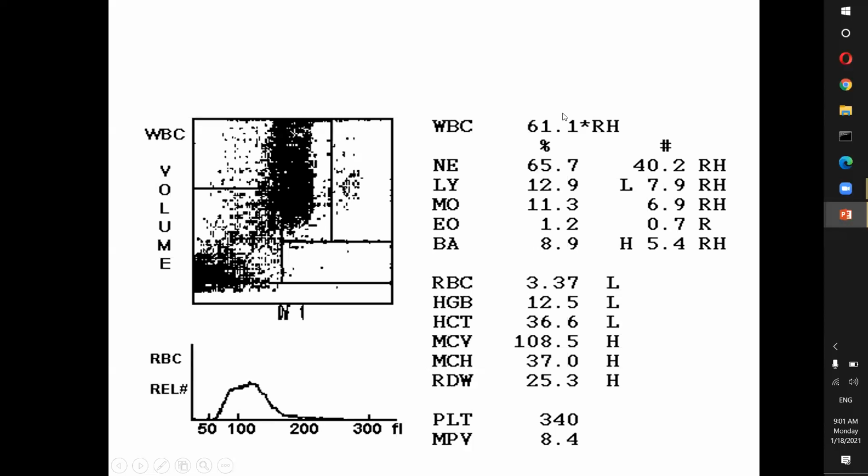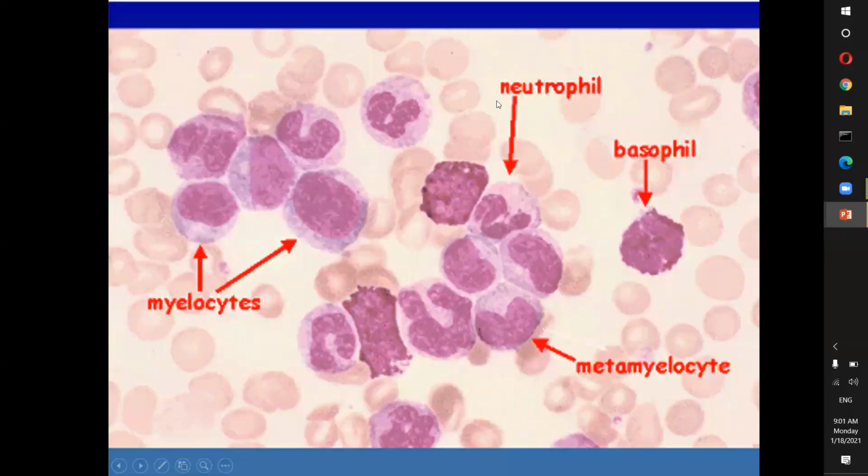Next, what's next? We see the whole lineage of white BC starting from neutrophil, myelocyte, metamyelocyte, and basophil. All the spectrum of white BC appears in the blood film.